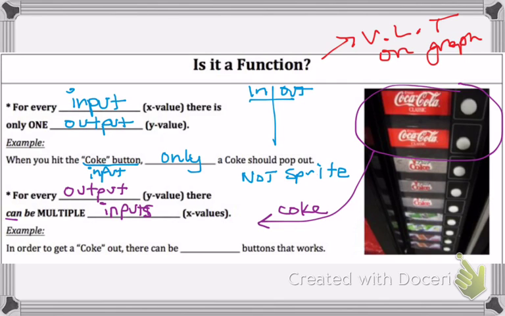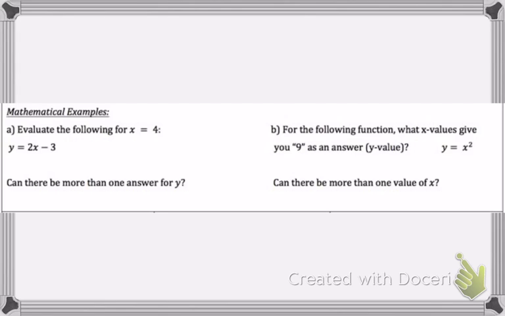So I can press two different buttons but get the same result. So in order to get a Coke out, there can be multiple buttons that work. Sorry, typo there. Multiple buttons that work. That S should not be on there.